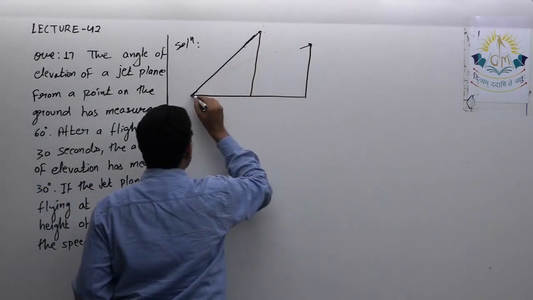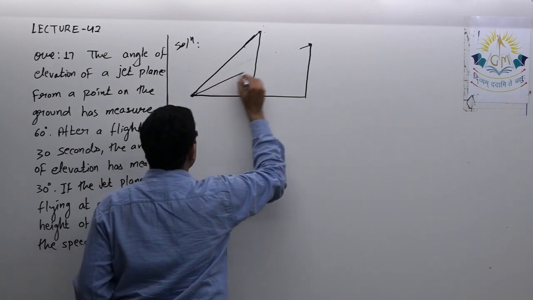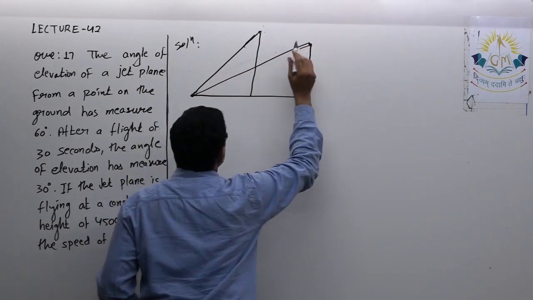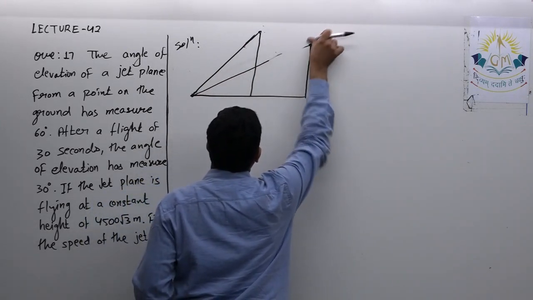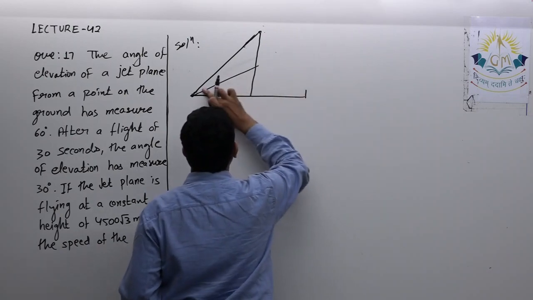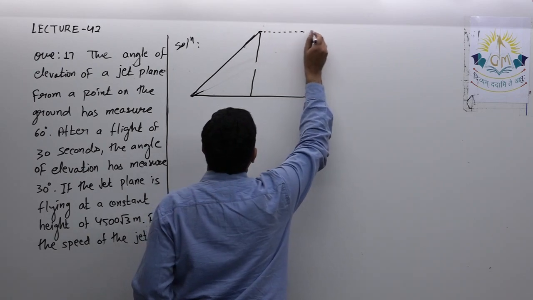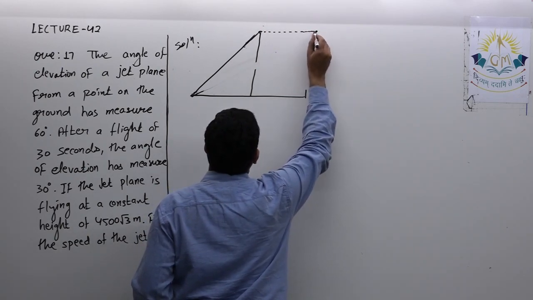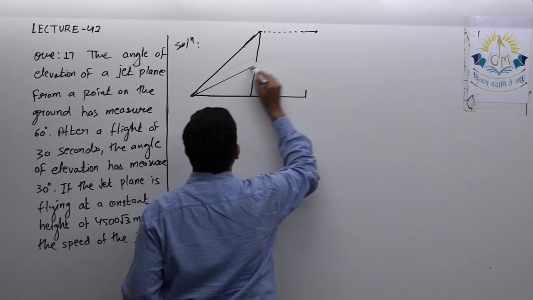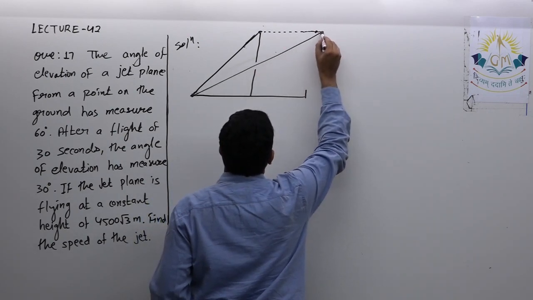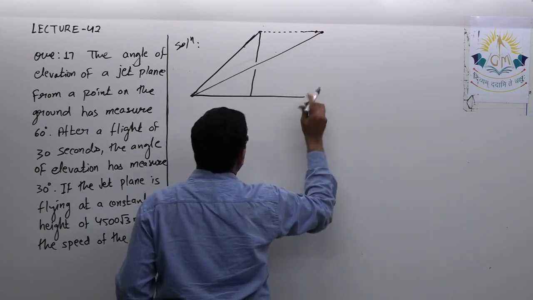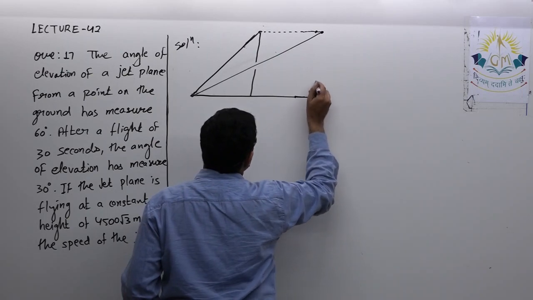Okay, so this is 60 degree, and after 30 seconds, let this is the angle. Okay, and the jet plane is at the same height. So something over here I am saying after 30 seconds if jet plane is reaching, so this will be the angle in that case.